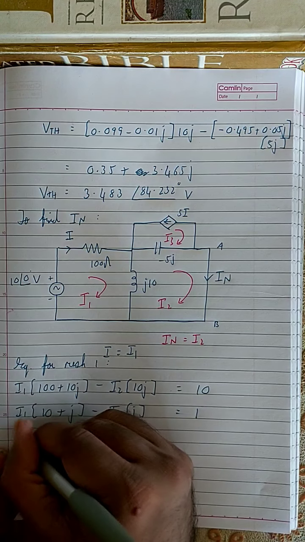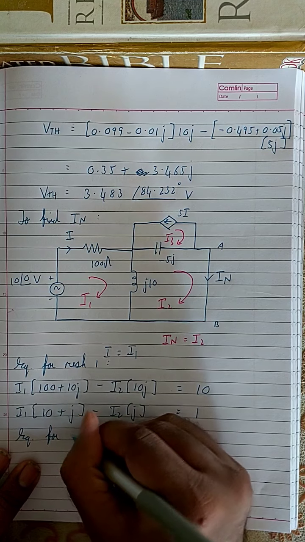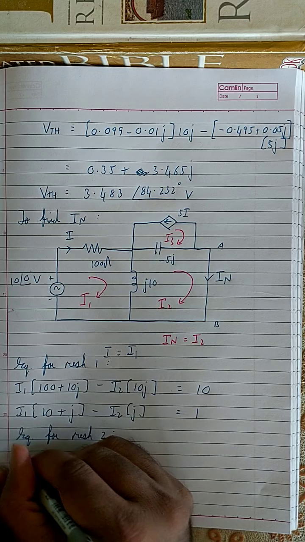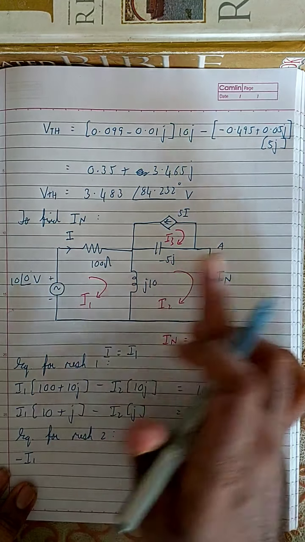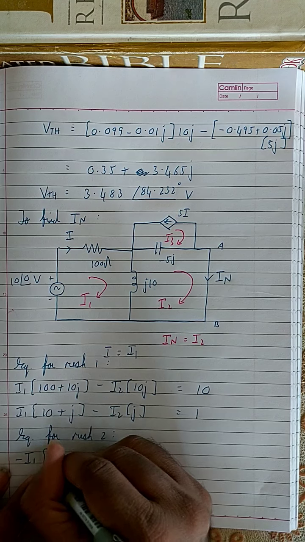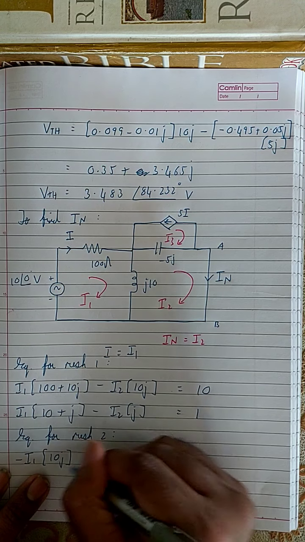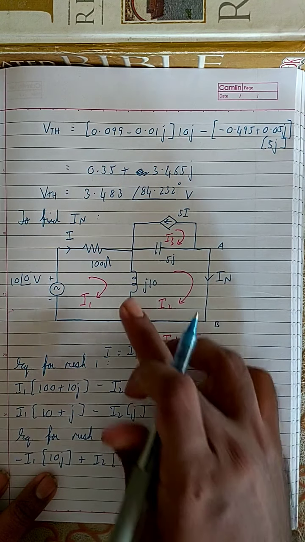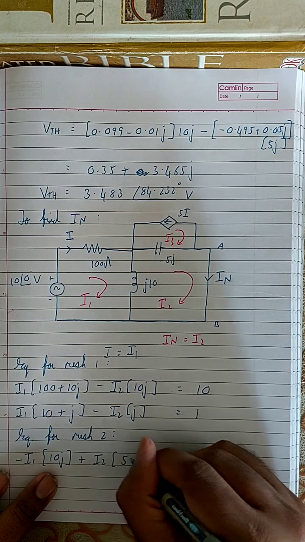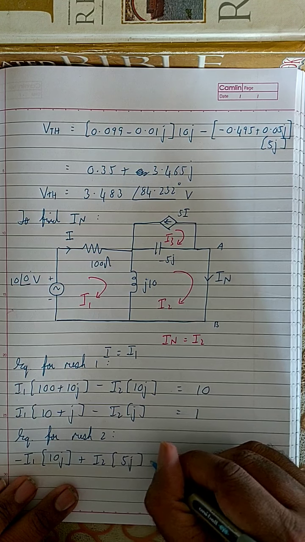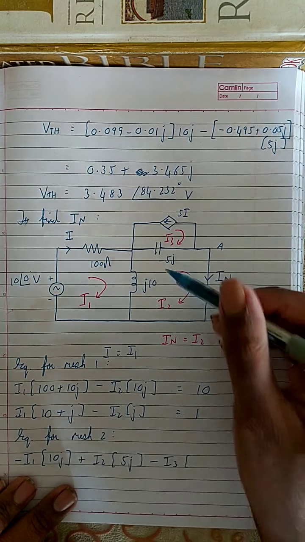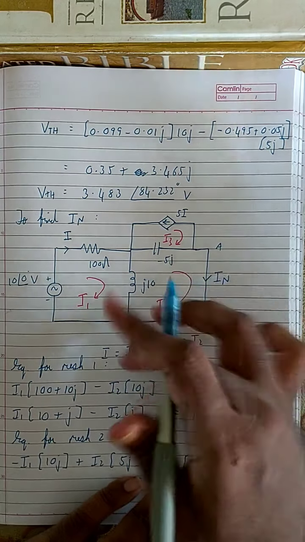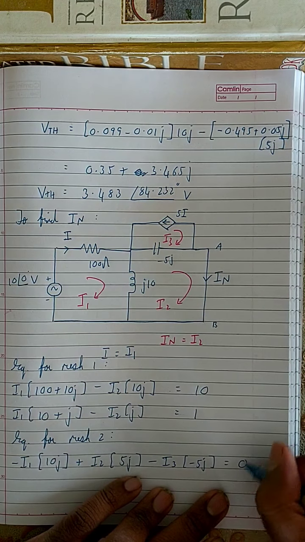Now I'm going to write the equation for mesh 2. In the equation for mesh 2, I1 and I3 are negative and I2 is positive. So minus I1 into 10j, plus I2 into (10j minus 5j), so 10 minus 5 is 5, so we have 5j, minus I3 into minus 5j. There is no source, so this is equal to 0.